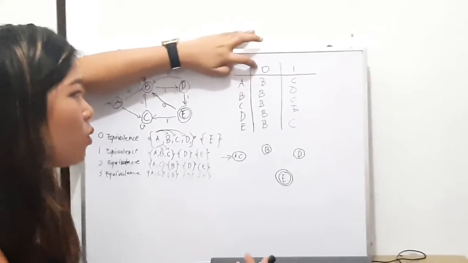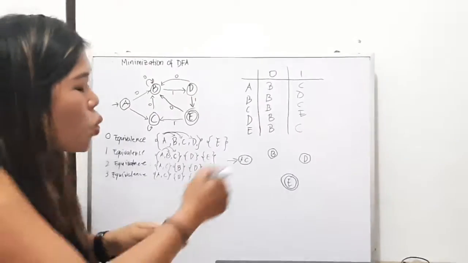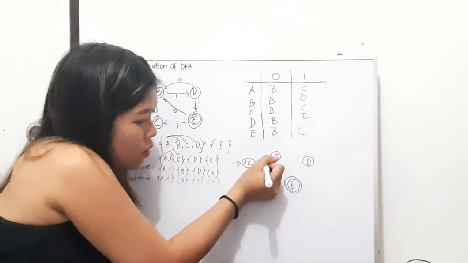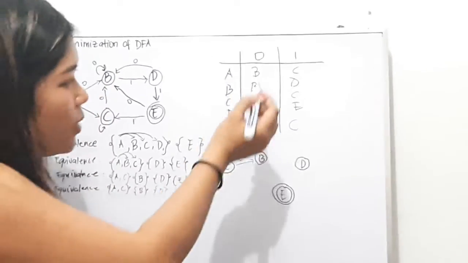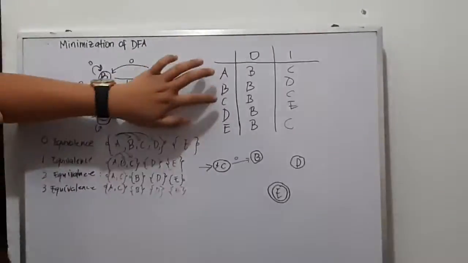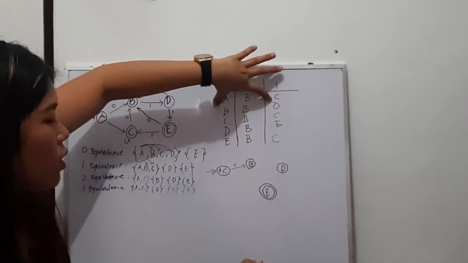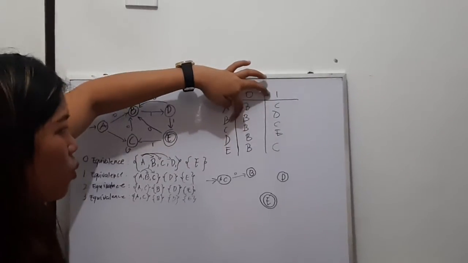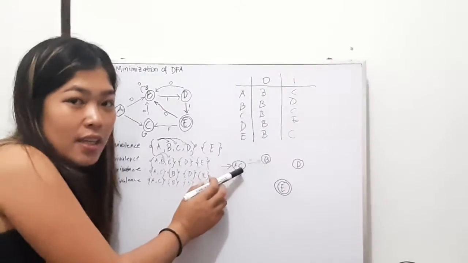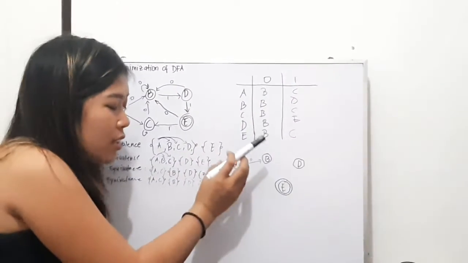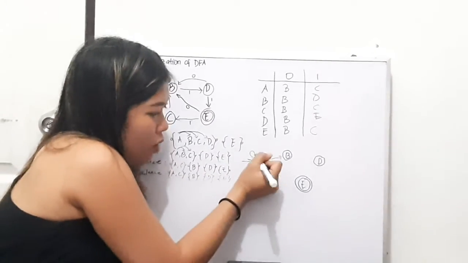A given input 0 goes to B, and C given input 0 goes to B. So we have to put here AC goes to B given 0. And then A and C given input 1. A given input 1 goes to C, and C given input 1 goes to C. As you can see, C and A are in the same set, so let us just put it back here because C is here.